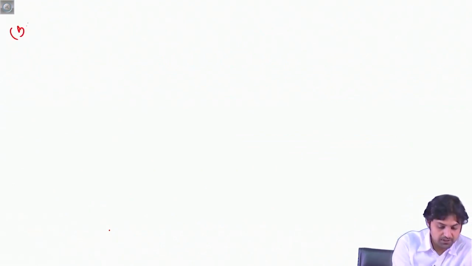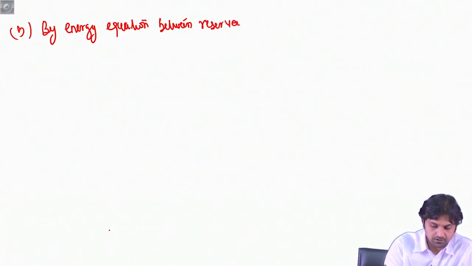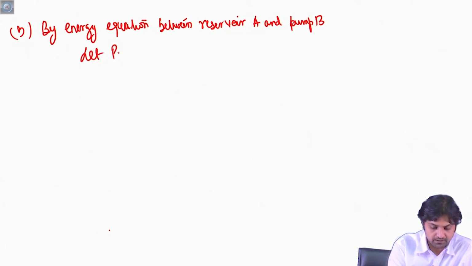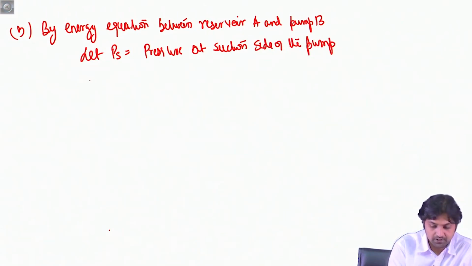So part B will be solved by the energy equation between reservoir A and pump B. Let PS be the pressure at the suction side of the pump. Then we put the Bernoulli's equation.